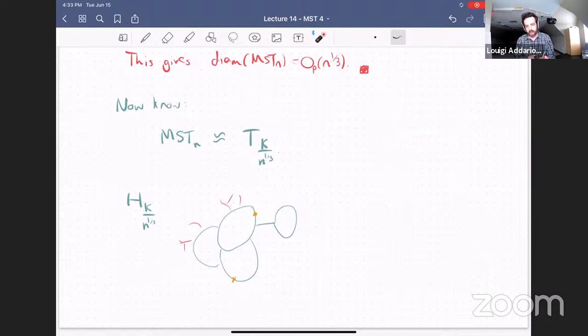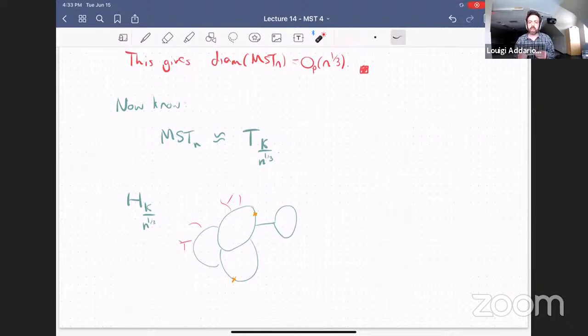Because if you do that, then there's a self-similarity. You get an object where if you take this graph and do critical percolation on it, you get another object of the same kind, just a smaller version. And that self-similarity can be bootstrapped to prove that the minimum spanning tree of a random 3 regular graph looks the same as the minimum spanning tree of a complete graph. So we've used that approach in some other work.